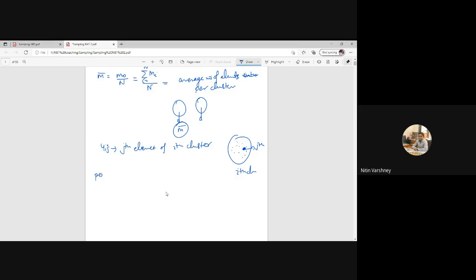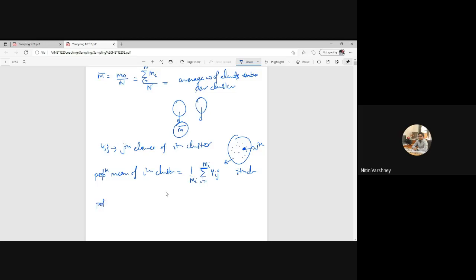Now, the population mean of the ith cluster. How will we find it? Its size is mi, so 1/mi summation j equal to 1 to mi yij, isn't it? So this is the population mean of the ith cluster.